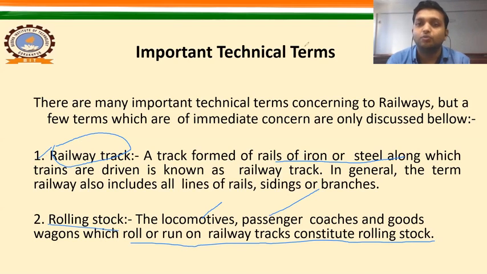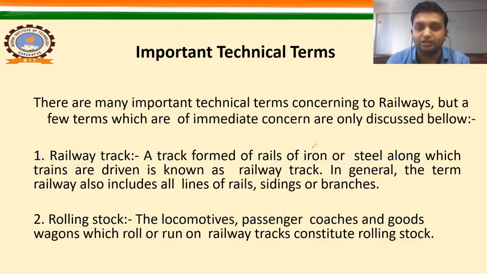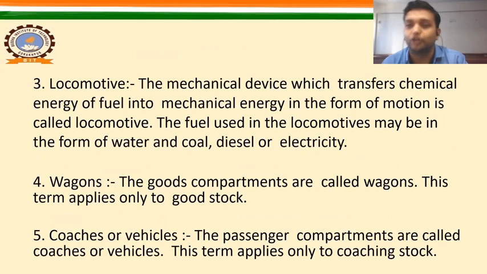Now moving to the third technical term, which is the locomotive. So what is a locomotive? A locomotive is a mechanical device. Students, you need not worry whenever I use the word locomotive.